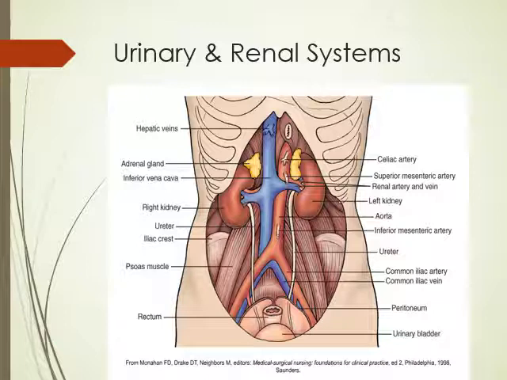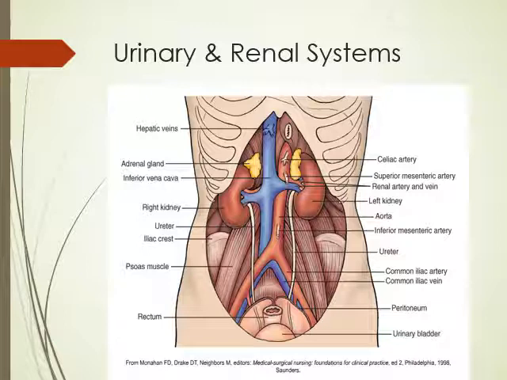You'll notice the ureters coming from each kidney and going into the bladder. And you will notice a lot of musculature and some anatomic structures. The anatomic structures also help when we are looking for various internal structures.